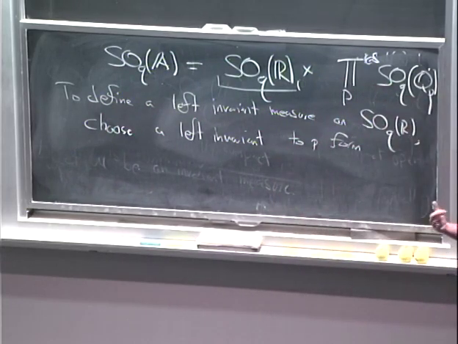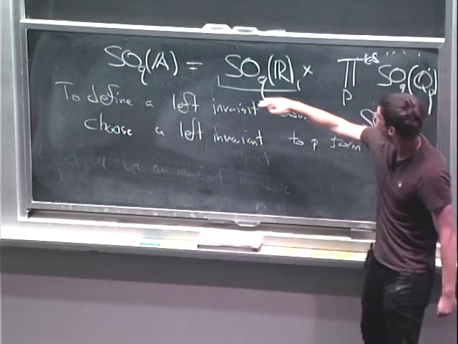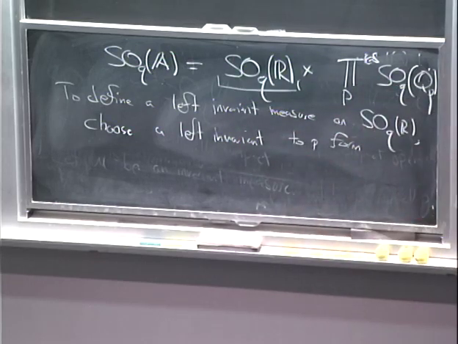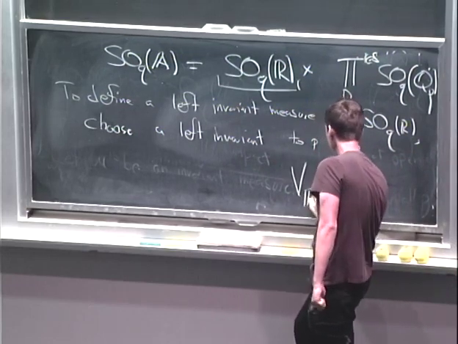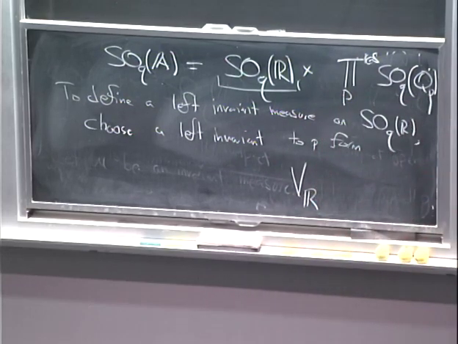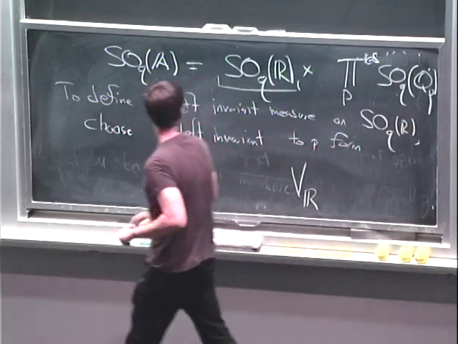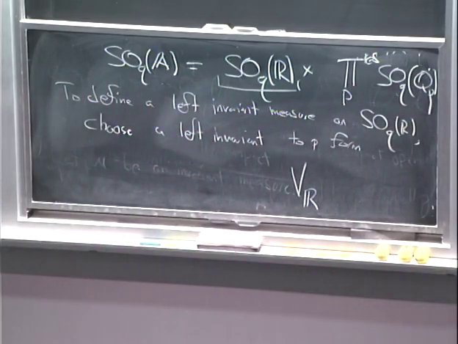The collection of left invariant differential forms of top degree on this Lie group forms a one-dimensional vector space over the real numbers. Let me call that vector space V sub R. And any non-zero vector in V sub R defines for you a left invariant measure on the group SO_Q(R).